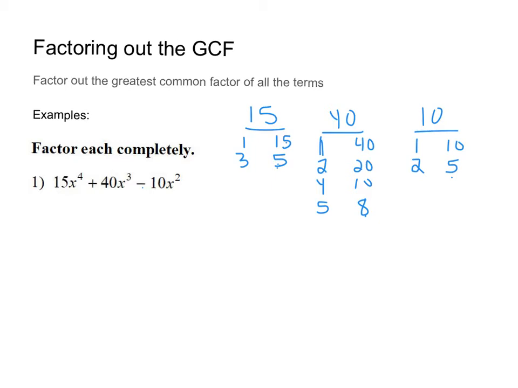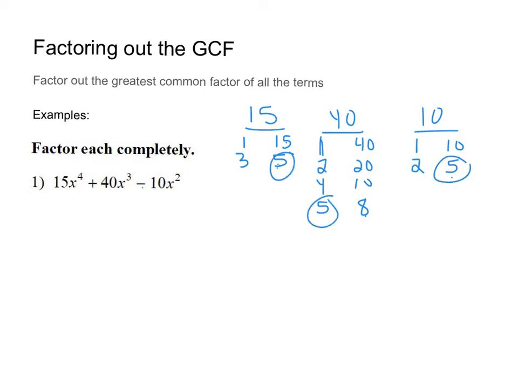Looking at these lists of factors, we want to find the highest one that they have in common. That's literally what greatest common factor means: greatest means the biggest one, common means they all have it, and a factor is a number we multiplied to get there. So the greatest common factor of all these numbers is going to be 5.